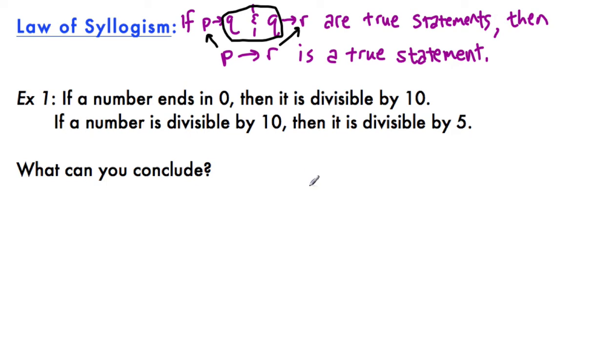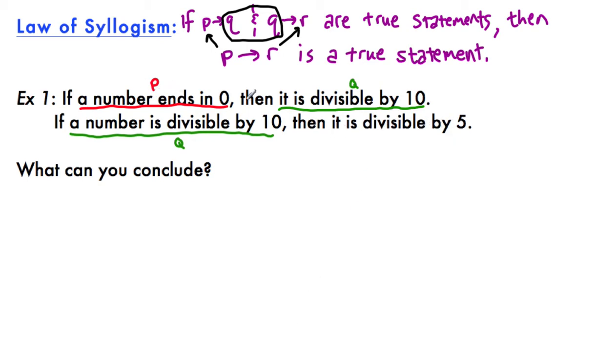Let's look at an example. If a number ends in 0, then it is divisible by 10. Let's go ahead and do our P's and Q's. A number ends in 0, that's our P. Then it is divisible by 10, that's our Q. Our second statement says if a number is divisible by 10, that uses the Q from our first statement, then it is divisible by 5.